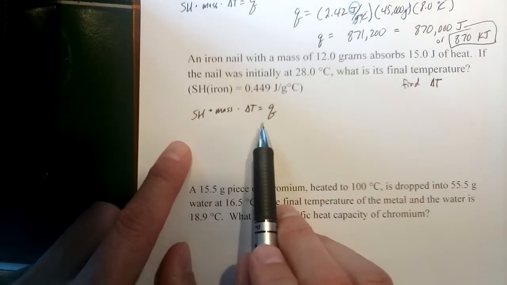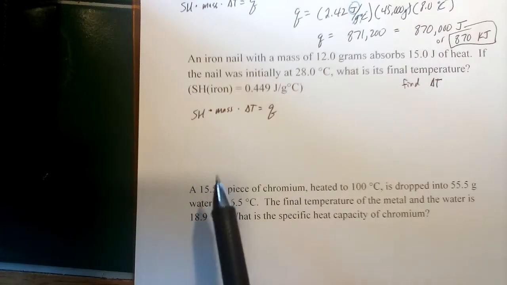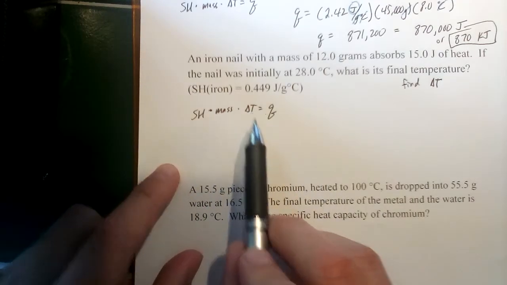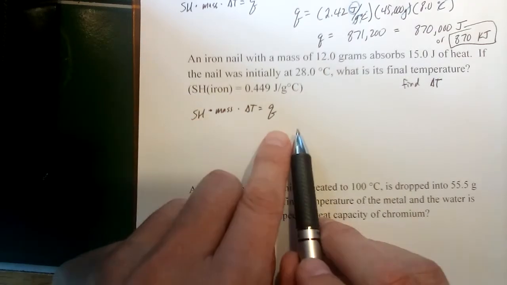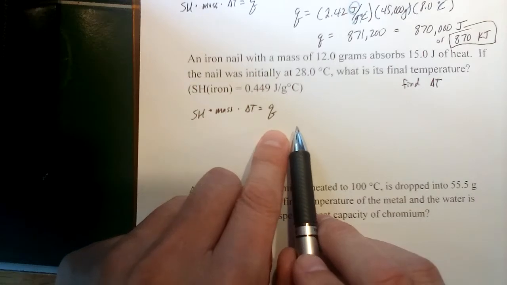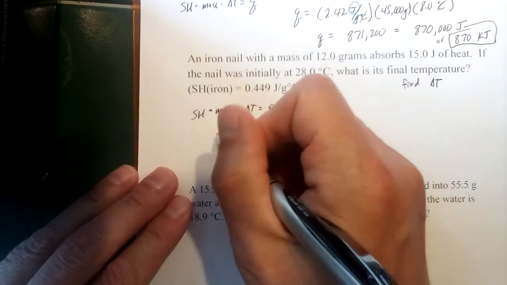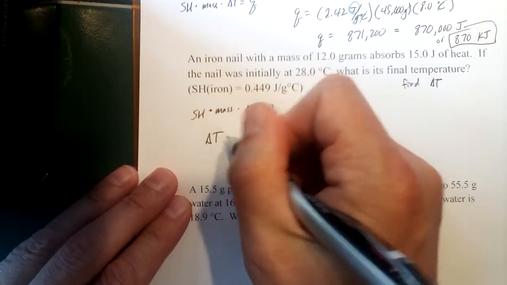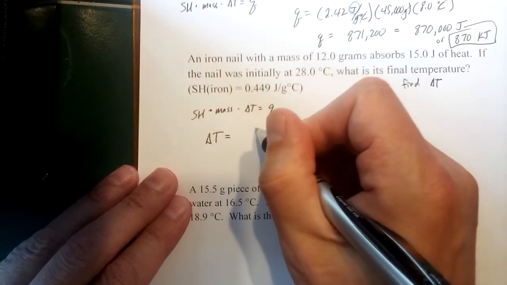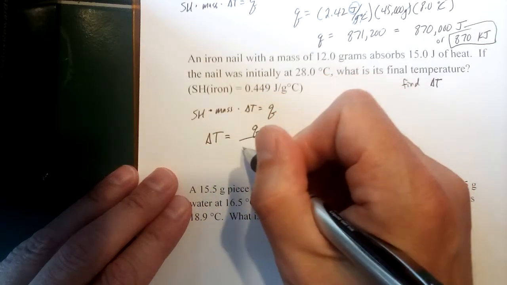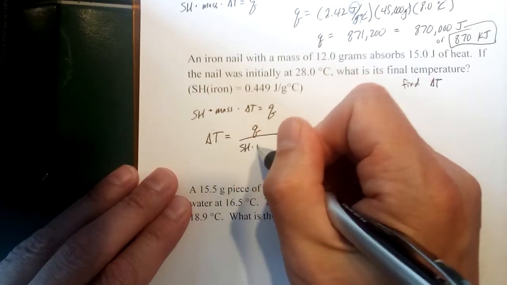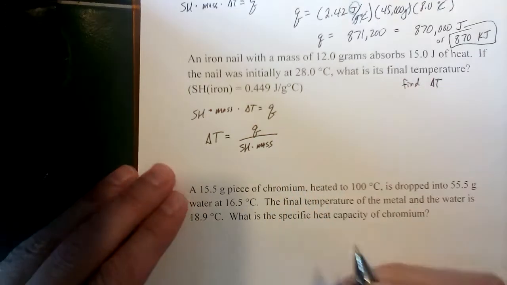This is also going to be the easiest one to then manipulate. If we're trying to solve for delta T, all we need to do is move the specific heat capacity and the mass back to this side of the equation. So dividing both sides by specific heat capacity and mass would be delta T equals the quantity of heat divided by the specific heat capacity and the mass.